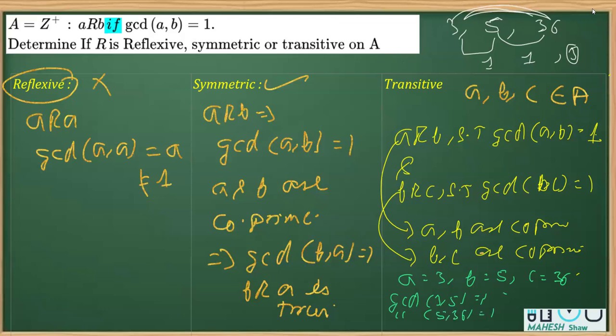But then you have to show that GCD of 3 and 36 is 3, and that is not equal to 1. And therefore, you should say that it is not transitive. Hence, we can say symmetric is correct, but it is not transitive, nor is it reflexive.